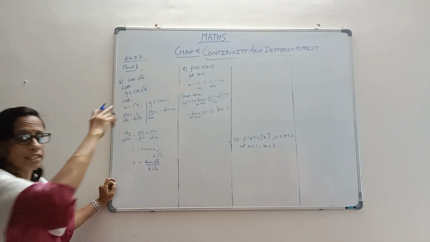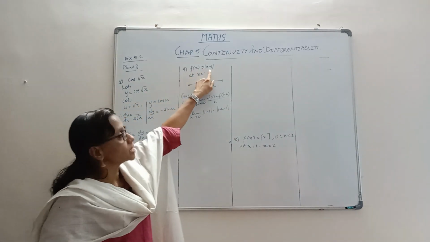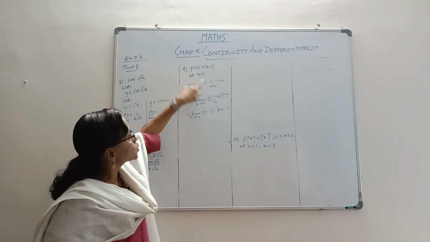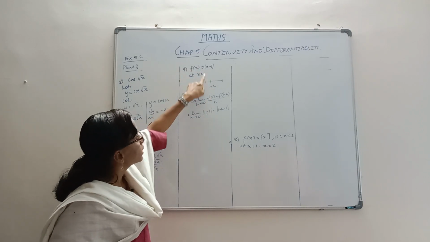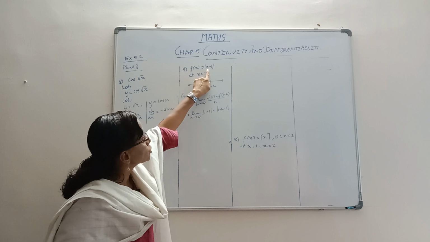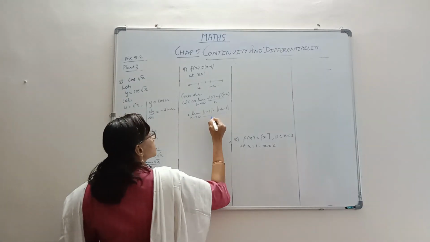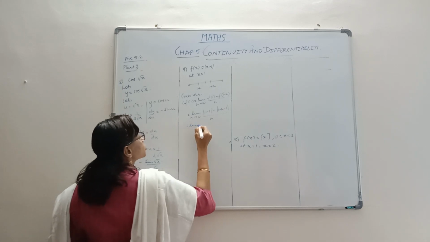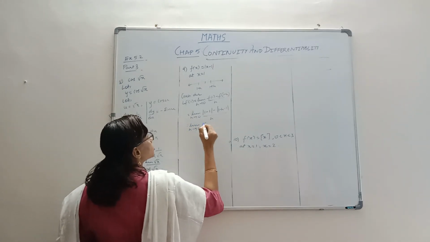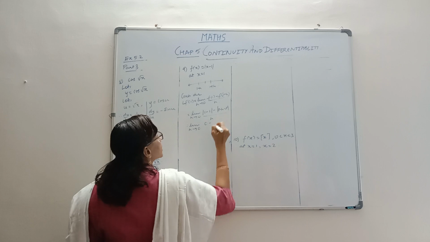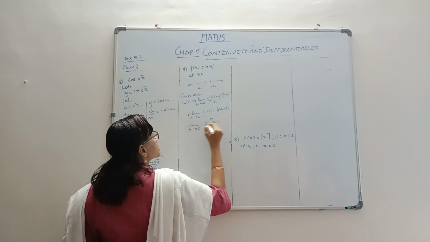What we are doing is applying the definition. f of x is this, so here it is 1, so instead of x we have put 1. Here it is 1 minus h, so instead of x we have put 1 minus h. And h is as it is. So how does this solve? Limit as h goes to 0, 1 minus 1 is 0, and here these ones are cutting, and here you have modulus of minus h.